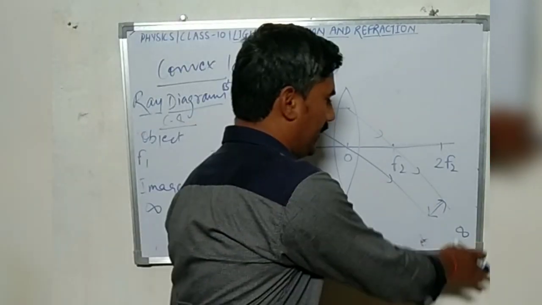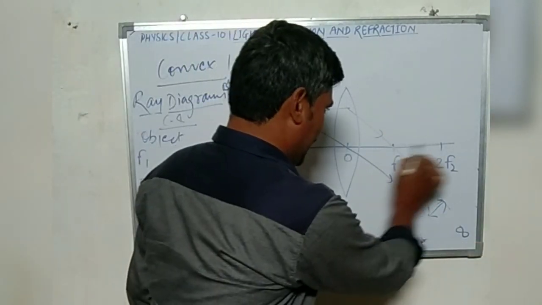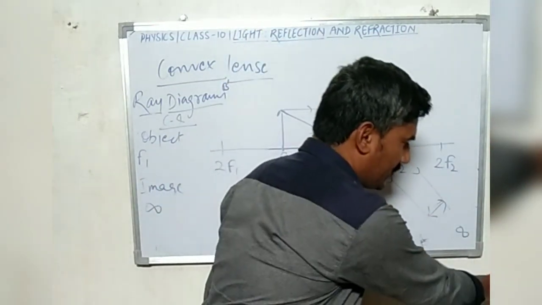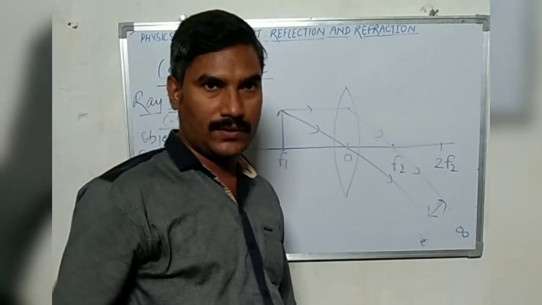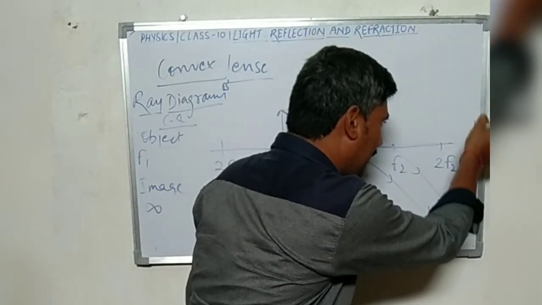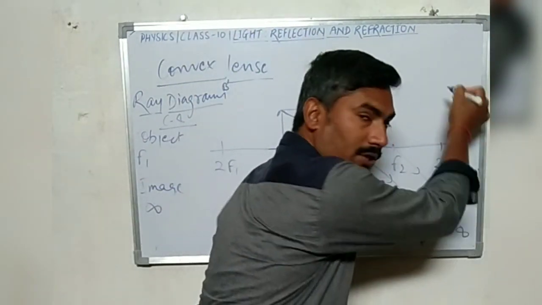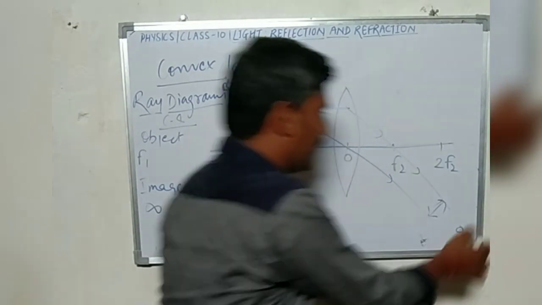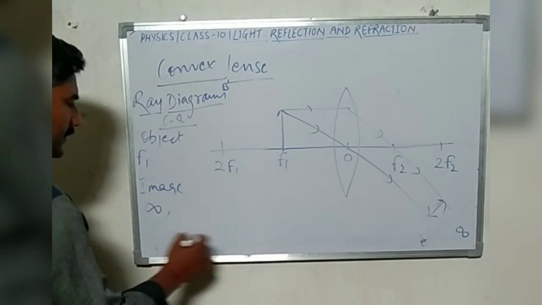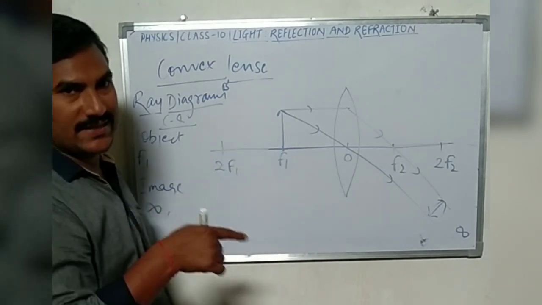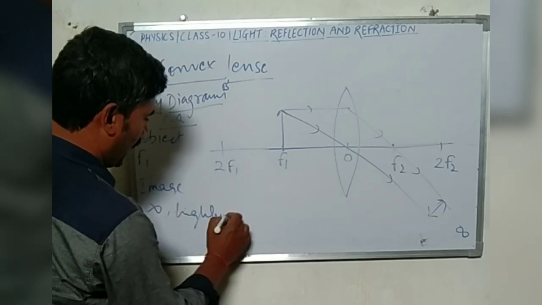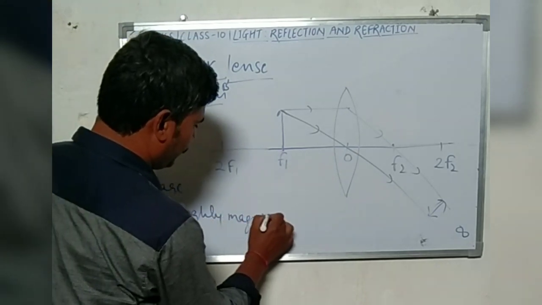Since the rays are meeting at infinity, whenever the rays meet in this direction, the length from the principal axis in the downward direction will be greater. So we can say that the height or size of the image is highly magnified.